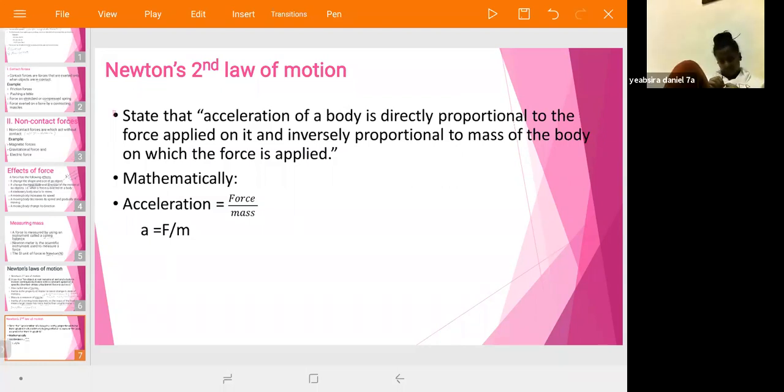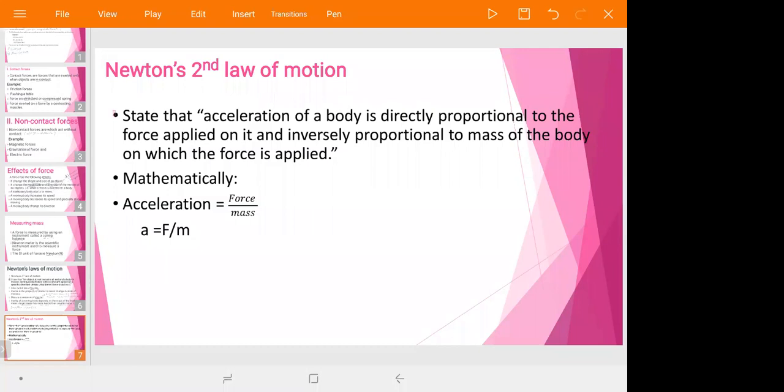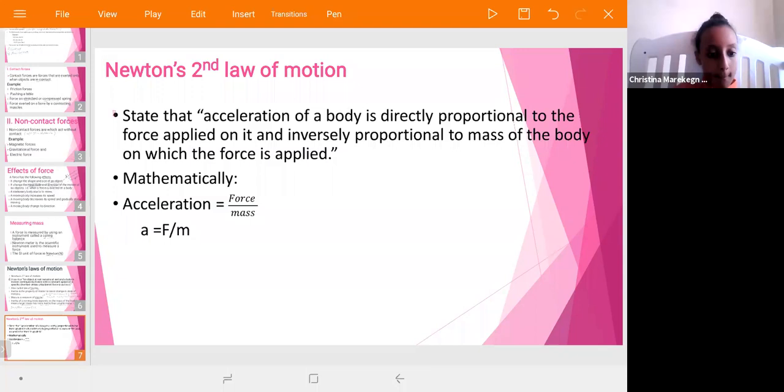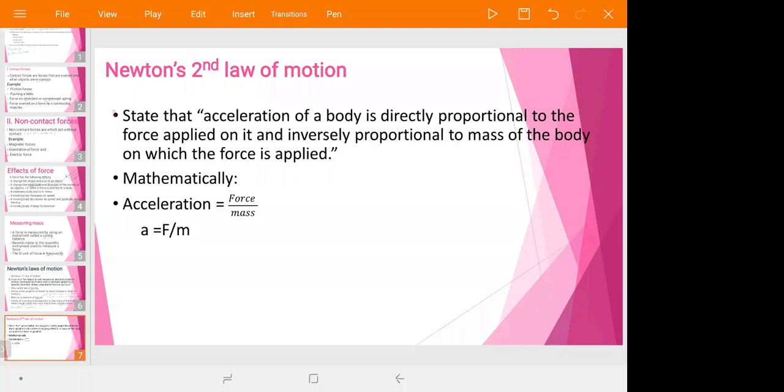Newton's second law states the relation between acceleration and the force, and the relation between acceleration and the mass. The acceleration of a body is directly proportional to the force applied on it and inversely proportional to the mass of the body on which the force is applied.